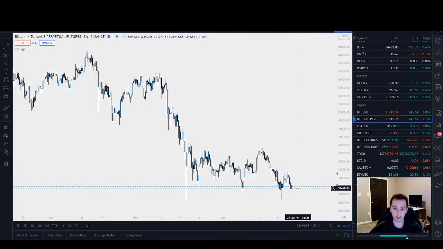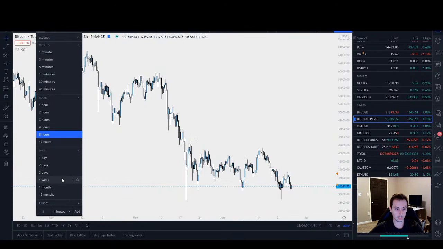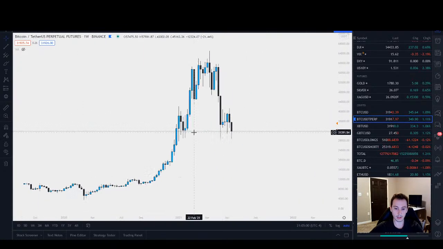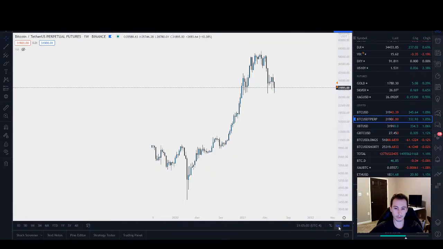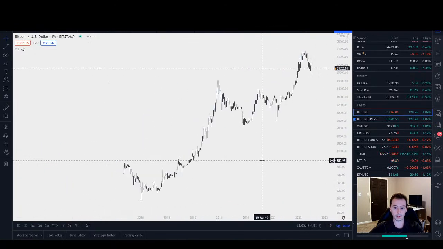So here's Bitcoin on the 8 hour. Let's zoom out, as I said a moment ago. Look at the weekly. Sometimes even on the weekly, I'll go to log scale, but that's more if I'm doing a macro type of analysis. Something I try to look at occasionally is where Bitcoin is going in the long run.